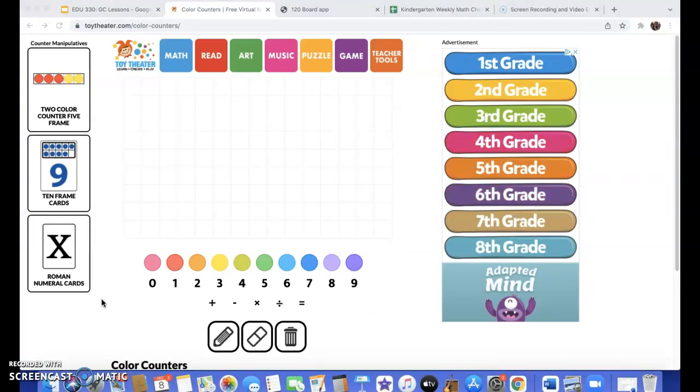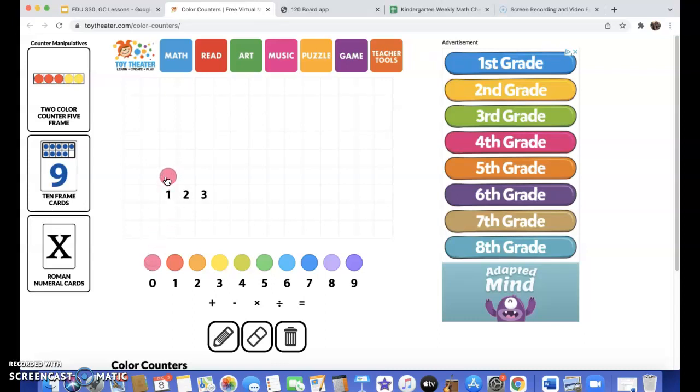All right, so the first number we're going to go ahead and count is the number 3. So let's go ahead and put the numbers down first. So we have 1, 2, and 3. So now we're going to put the same amount of counters as the same amount of numbers that we see.